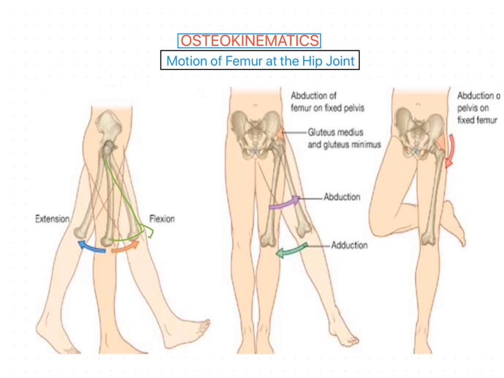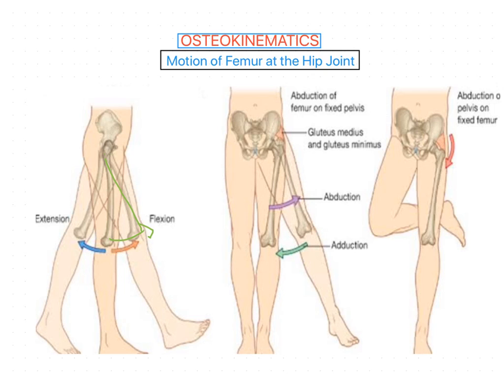The range of motion is also influenced by whether the motion is taking place actively or passively, and whether passive tension in the two-joint muscles is avoided or not. Now we will see the range of motion of all the movements which take place at the hip joint.